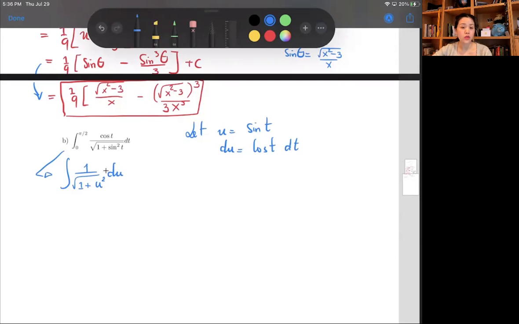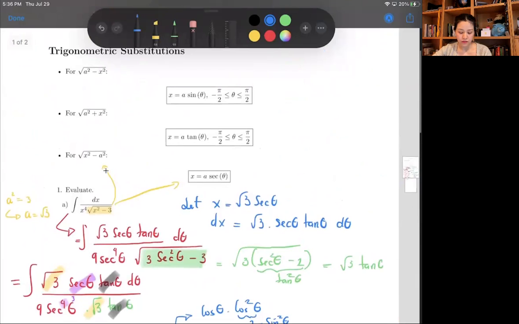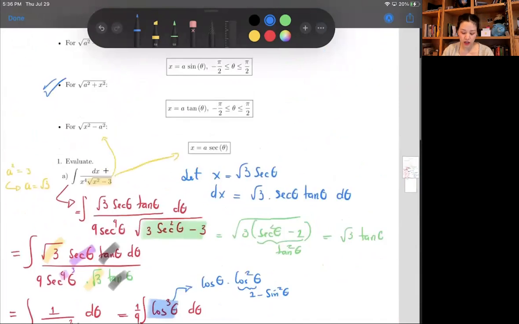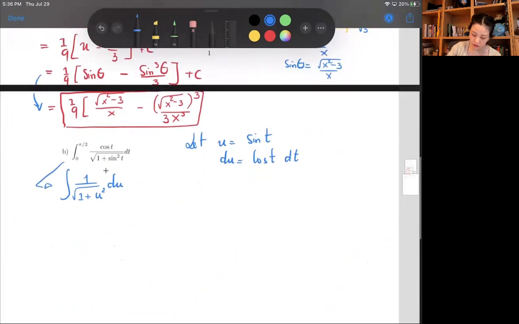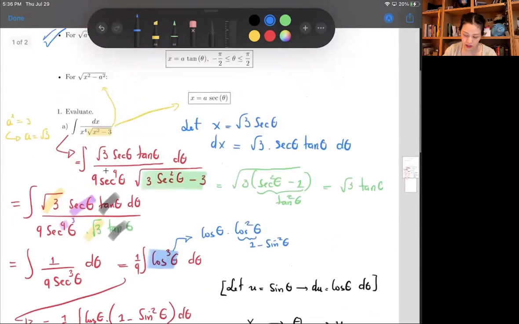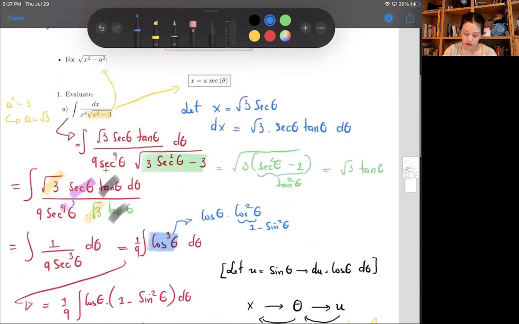So which one are we going to use? This one right here: square root of a squared plus x squared. Here a squared is 1, so the square root of 1 is 1, so a is 1. So here, in this case, let u equal a tangent theta.